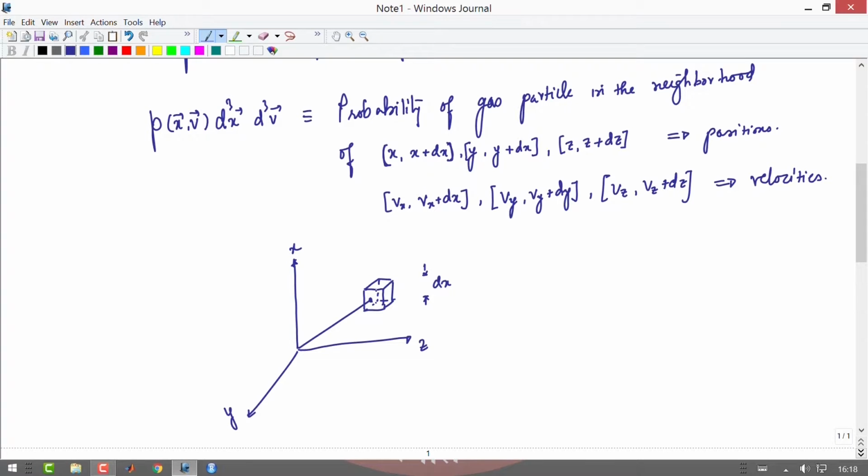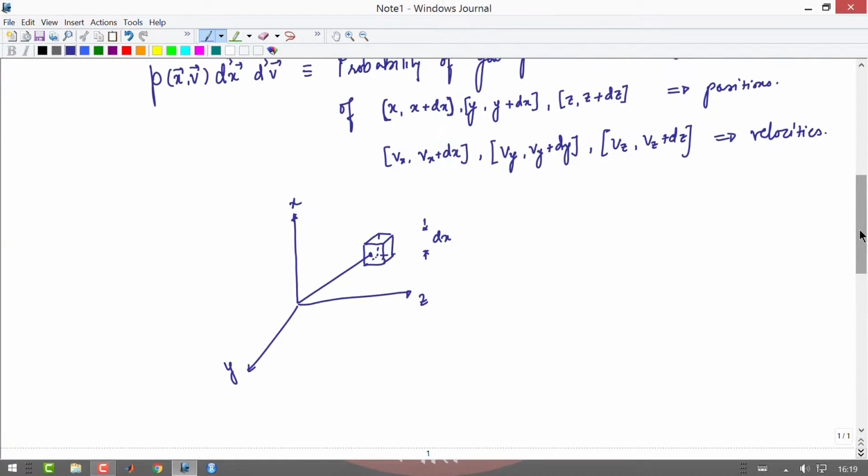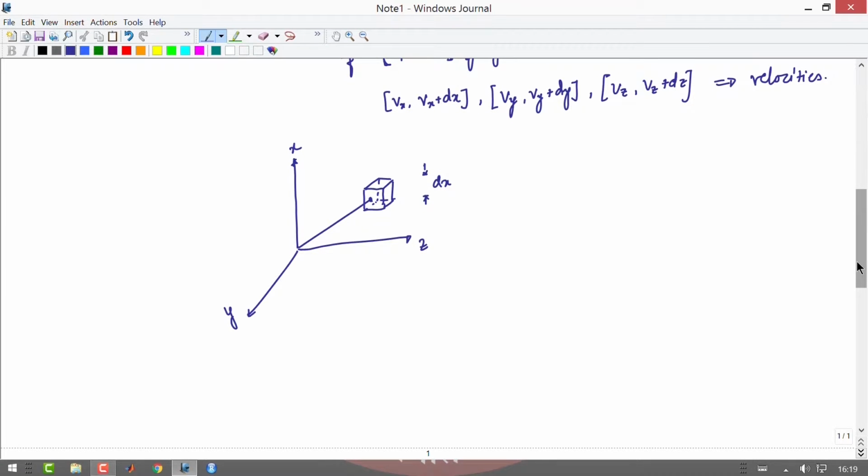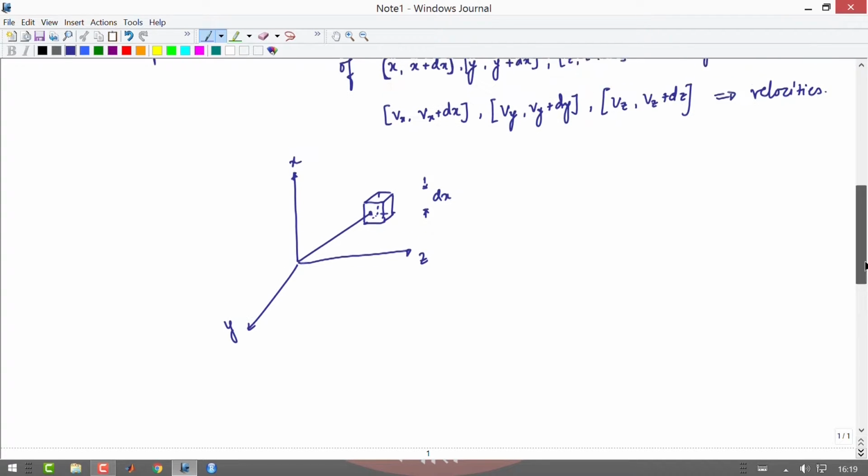Similarly, you have to take 3 axes for the momentum or velocity, and then take a volume in the velocity space. In the 6-dimensional space of position and momentum, you will see a hypercube centered at point x comma v, and the probability of finding a particle in this cube is the probability that I have written here.